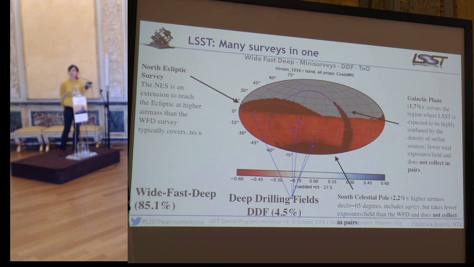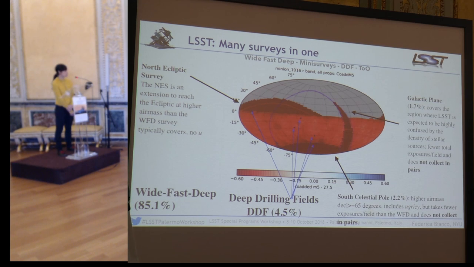As far as the wide, fast, deep goes, most of the proposals generally avoid the galactic plane or cover it in only a subset of the filters to a shallower depth. Again, it's all about making a compelling science case that shows that that's a bad idea, and then you can divert as much of the time as possible towards the galactic plane. There are compelling reasons for doing that.